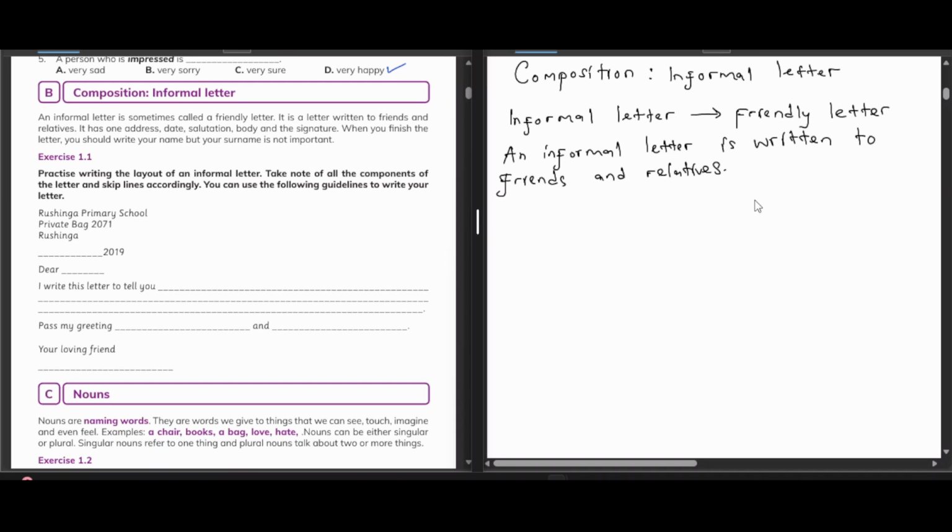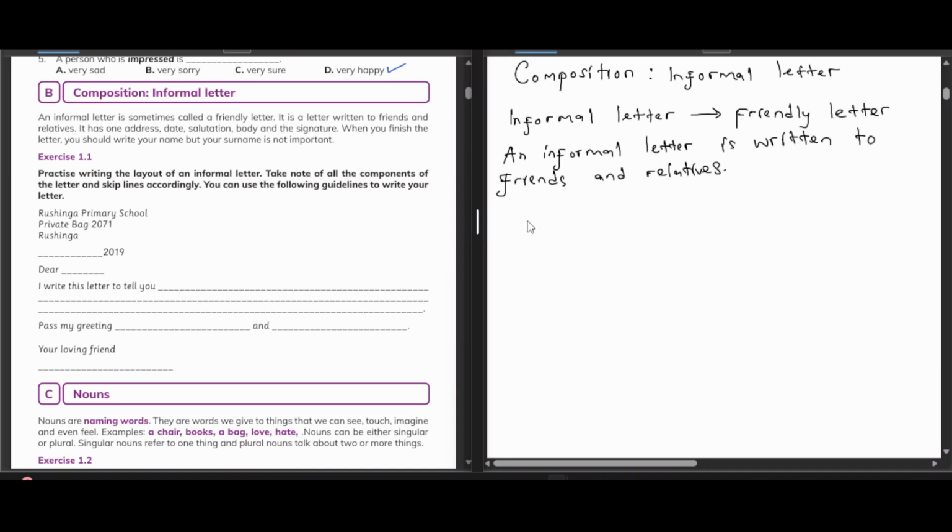It has one address, very important, a date, a salutation, a body, and the signature. We are going to show you this. When you finish the letter, you should write your name, but your surname is not important, since the one you are writing to already knows your name.